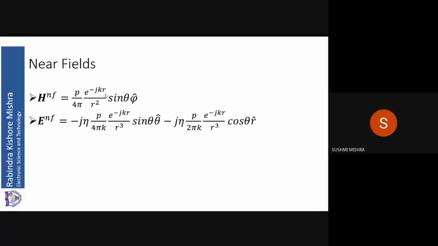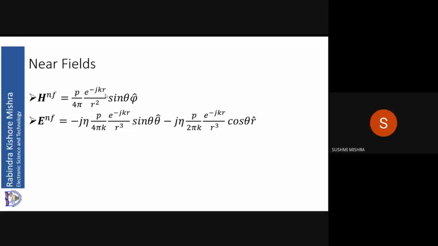That is why I am going to look into this. Near field is mostly associated with the input impedance of the dipole. Why is it associated with the input impedance? Because it is the stored field.